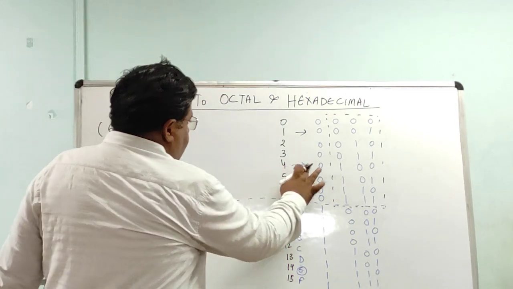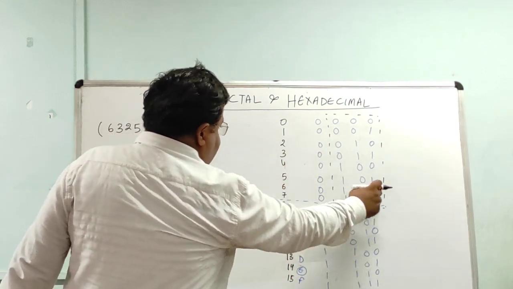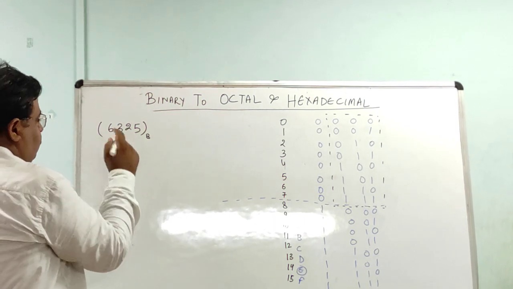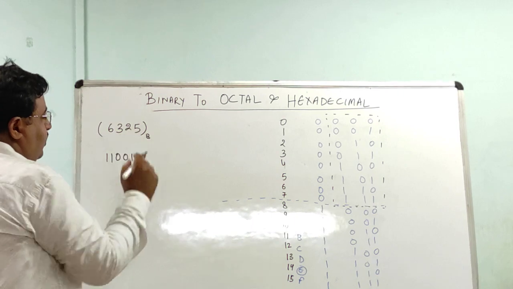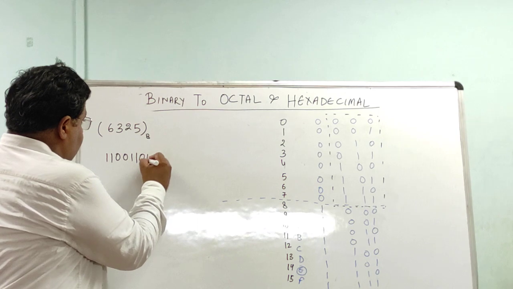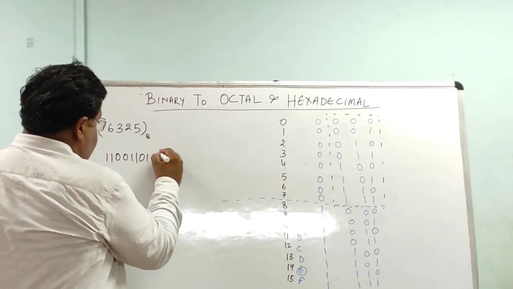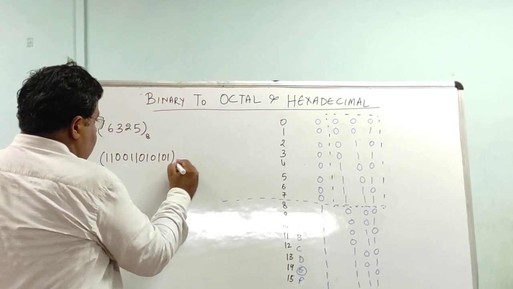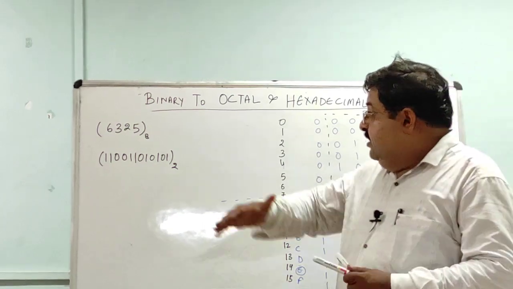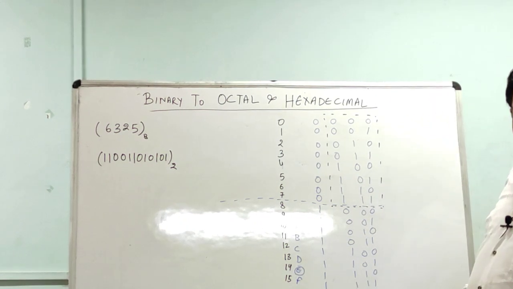What is the corresponding number for 6? 110. So I will write 110. Corresponding to 3 is 011. Corresponding to 2 is 010. And corresponding to 5 it is 101. So in this way we have converted our octal number into binary with the help of this table.